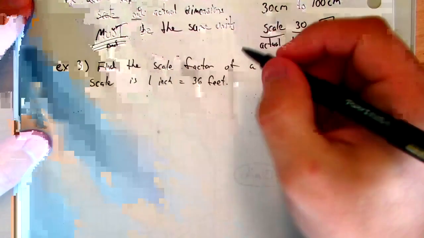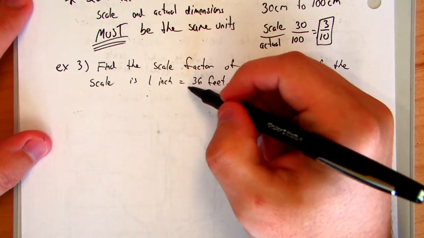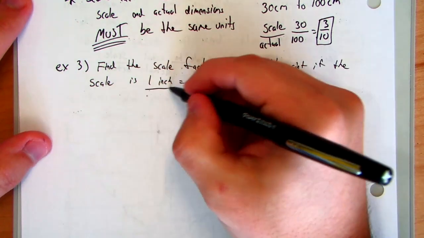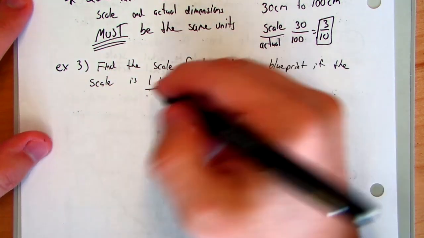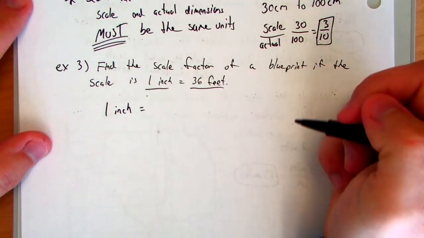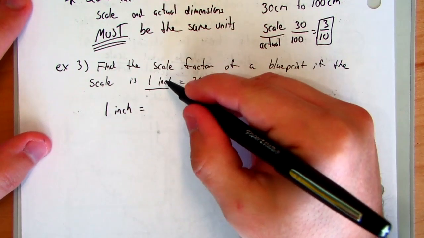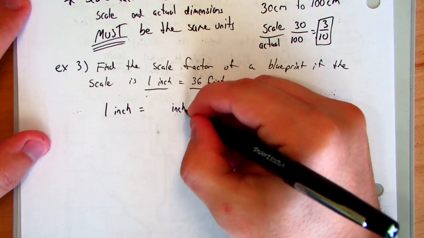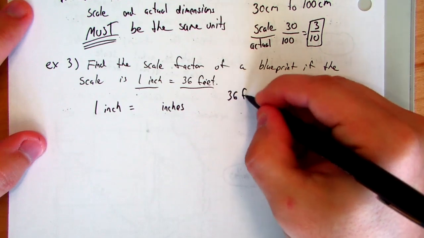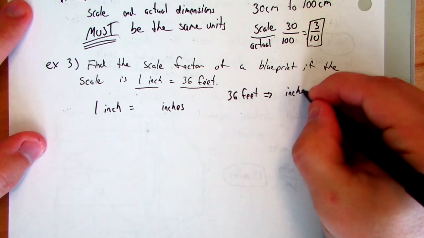So let's go ahead and do example 3. It says find the scale factor of a blueprint if the scale is 1 inch is the same as 36 feet. Now this right here is the smaller of the 2 units, so this is the one I want to keep. This right here is the larger of the 2 units, so this one I want to change to be the same as the smaller units. Now, 36 feet is the same as how many inches?